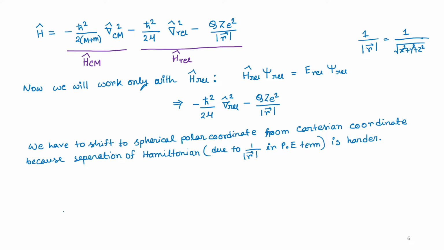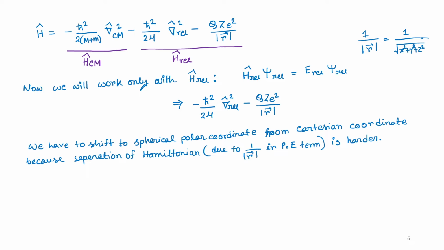So till now what we have done, we had the Hamiltonian in terms of nucleus and electron. There are 6 variables due to the 3 coordinates of nucleus and electron each, and from there we have converted it to the Hamiltonian of the center of mass and the relative motion of the electron with respect to the nucleus.